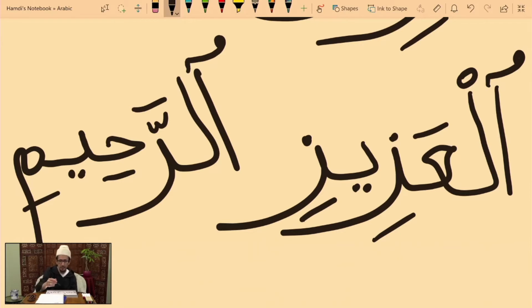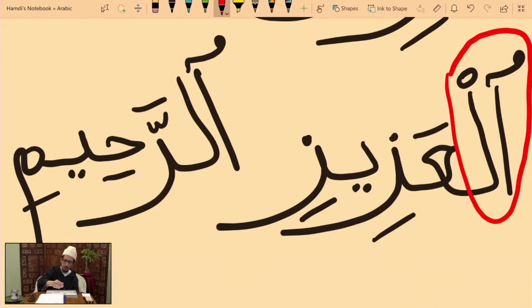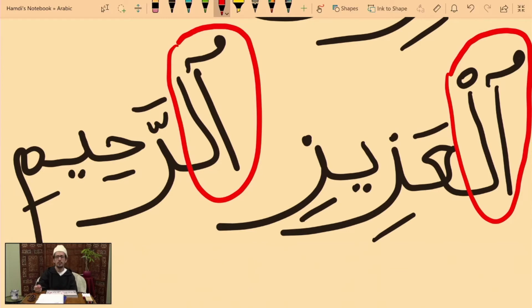So you have here two definite nouns, Al-Aziz and Ar-Rahim. And you have here al, and you have here al. Can you see a difference between the two? There is a difference between this and this.